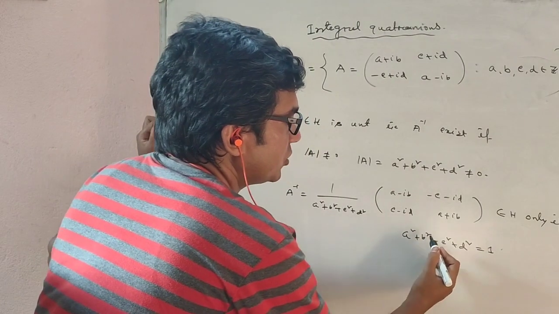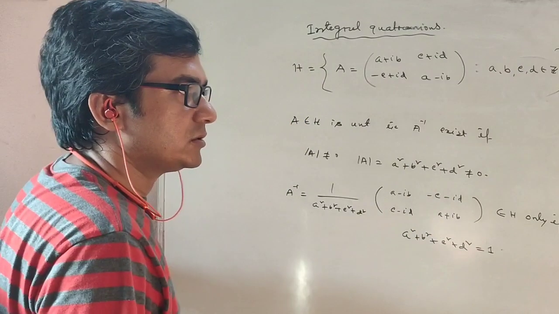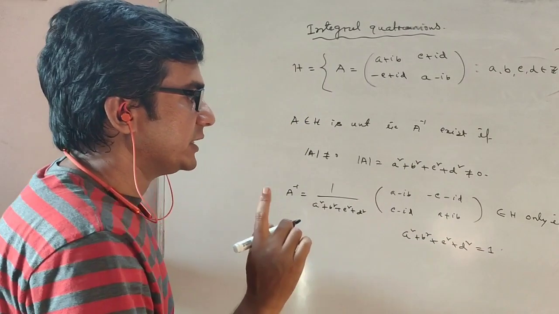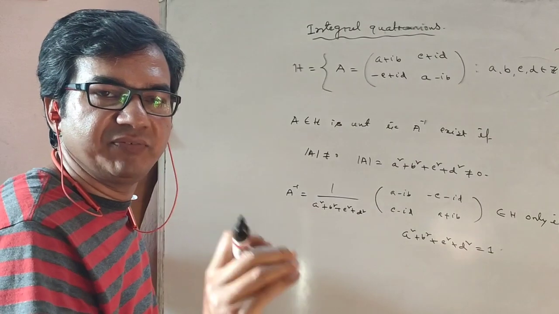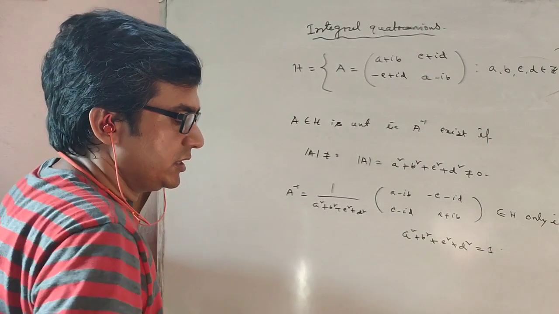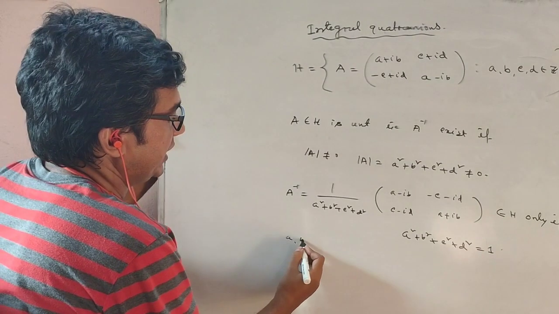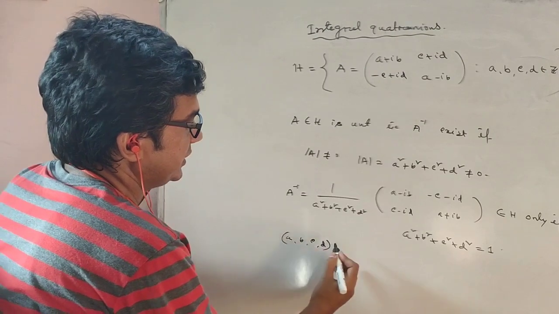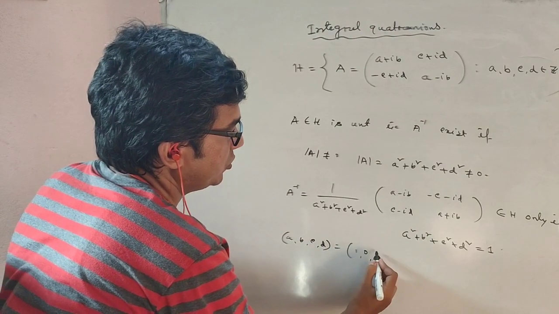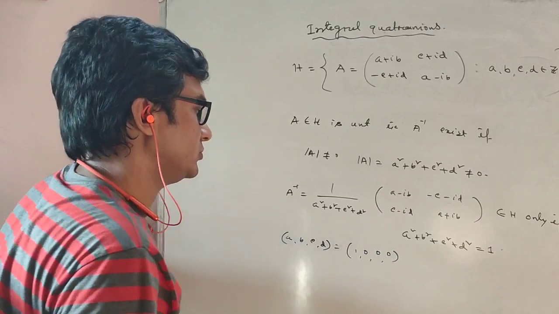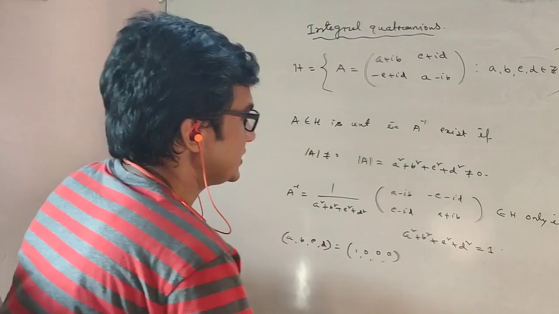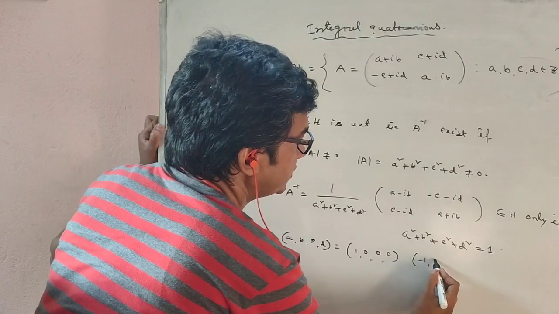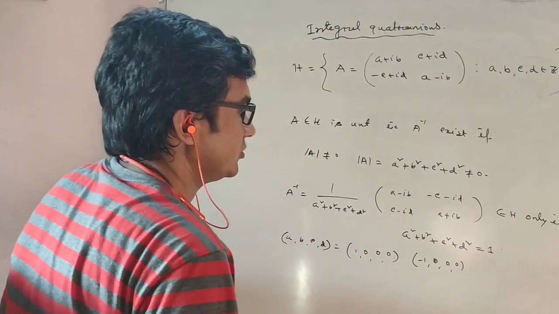And a square plus b square plus c square plus d square equal to 1, then we get 8 different cases. The first case a, b, c, d is 1, 0, 0, 0. Second case minus 1, 0, 0, 0.